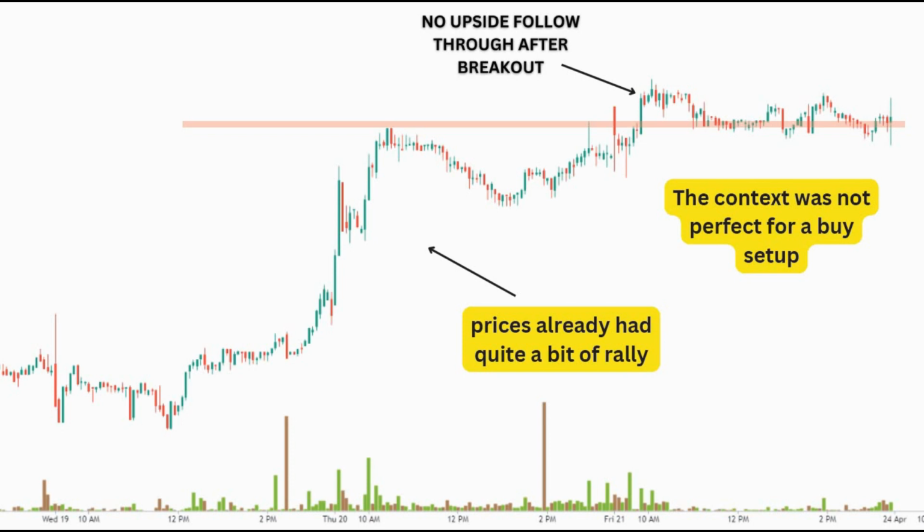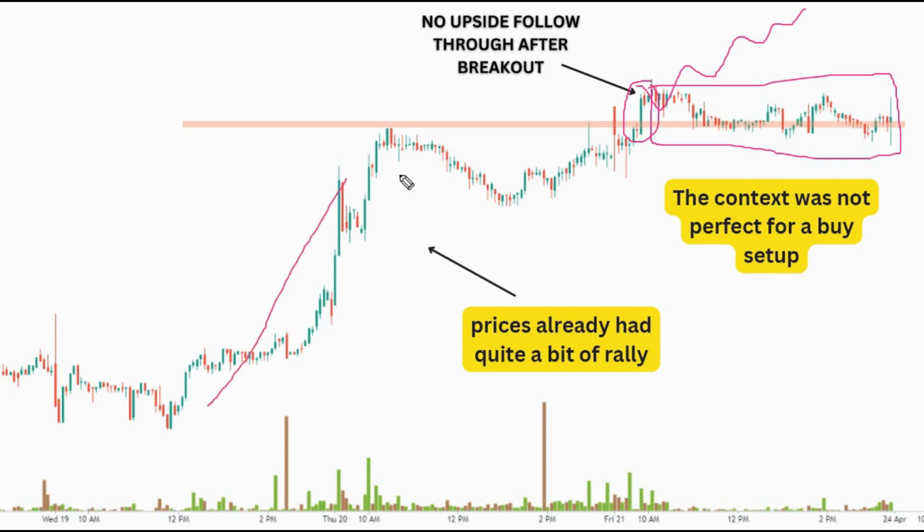See what happened after the breakout? No upside continuation, instead sideways. So what is this indicating? Prices had already moved quite a bit from the lower levels. So here the bulls are a little bit exhausted.